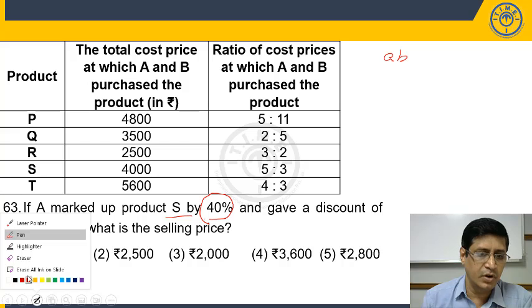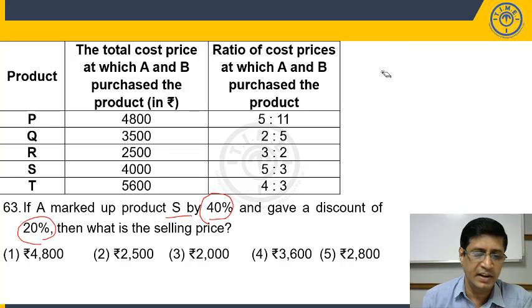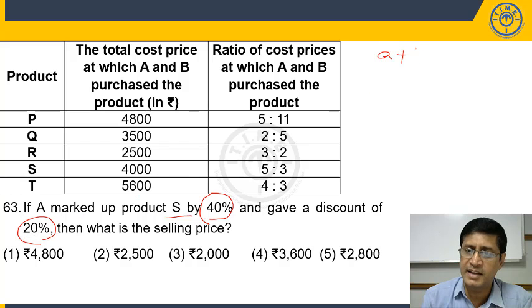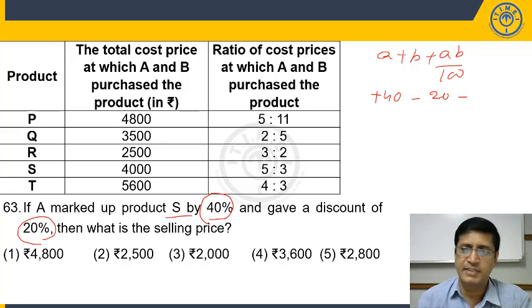We can find the effective rate by using the formula A plus B plus AB by 100. That is plus 40 minus 20 plus (40 into minus 20) by 100, which is minus 800 by 100, minus 8. The sum of all these values is plus 12%.